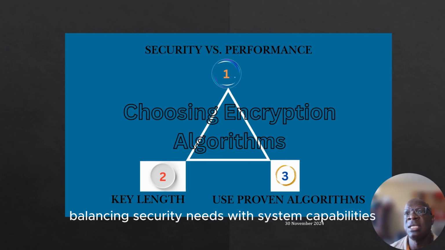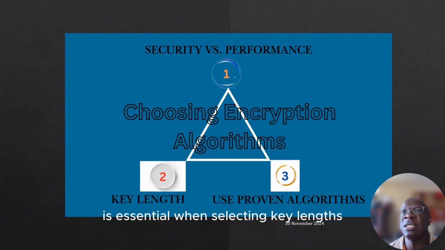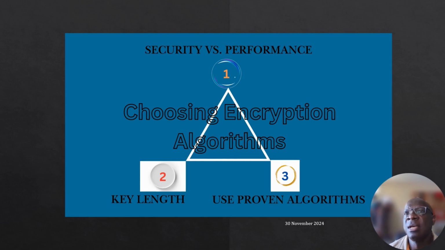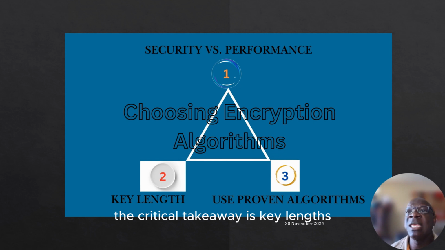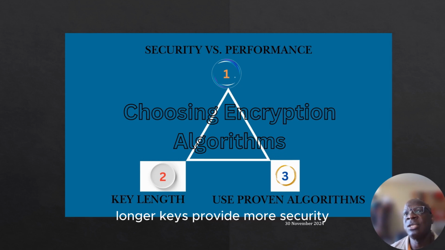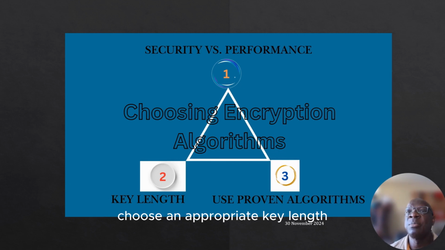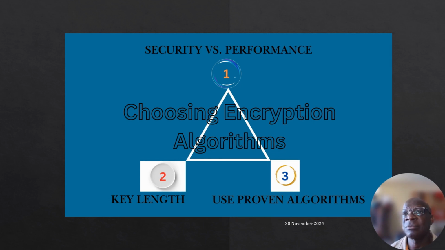Balancing security needs with system capabilities is essential when selecting key length. The critical takeaway is key length. Longer keys provide more security but may slow down processes. Choose an appropriate key length based on the data's sensitivity.